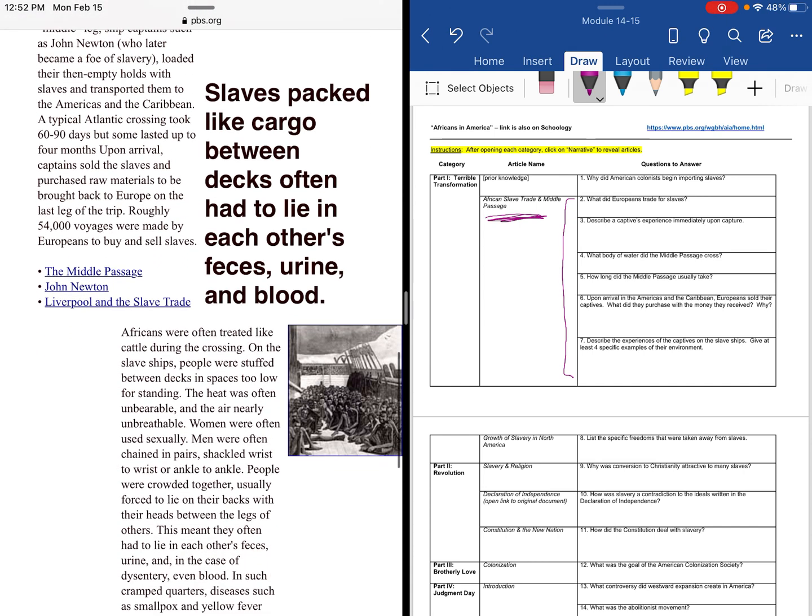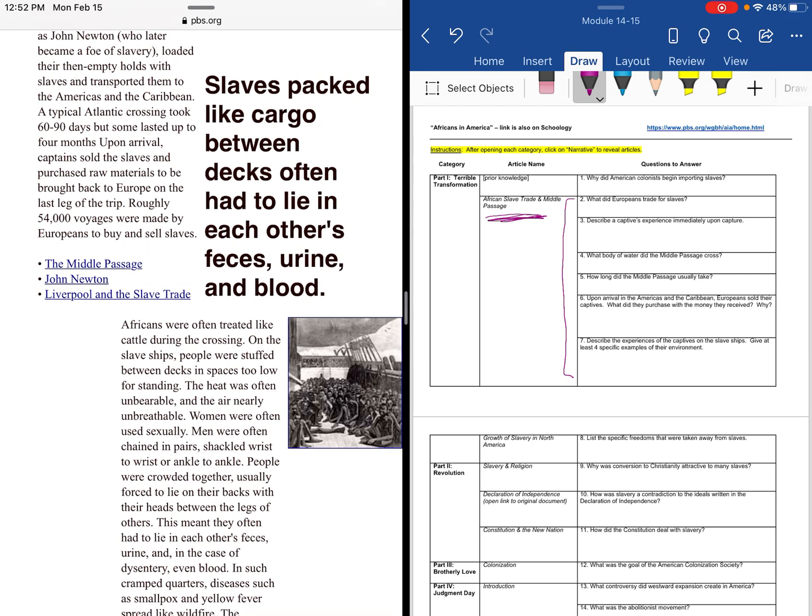I'm going to read this really big, bold caption here that says, slaves packed like cargo between decks often had to lie in each other's feces, urine, and blood. Africans were often treated like cattle during the crossing. On the slave ships, people were stuffed between decks in spaces too low for standing.